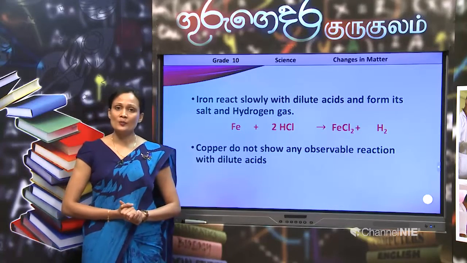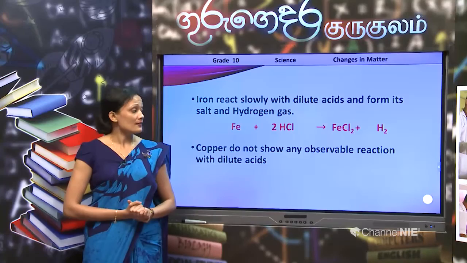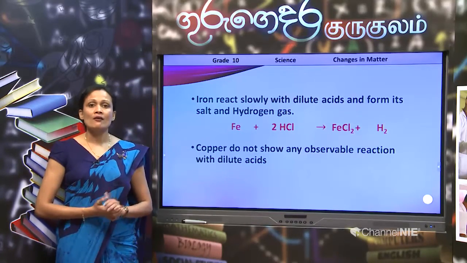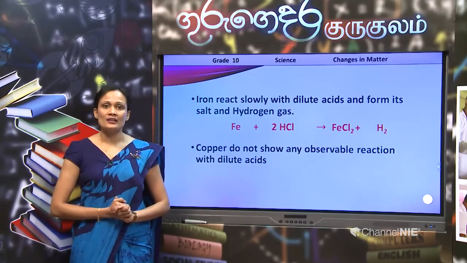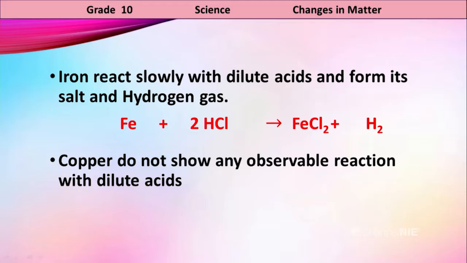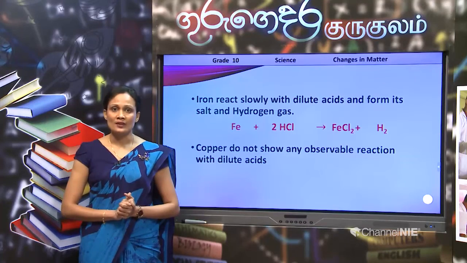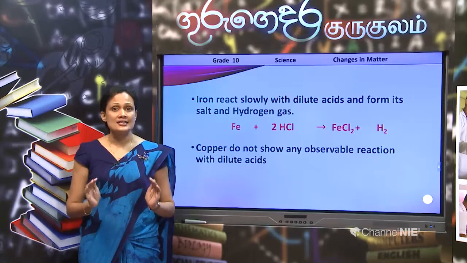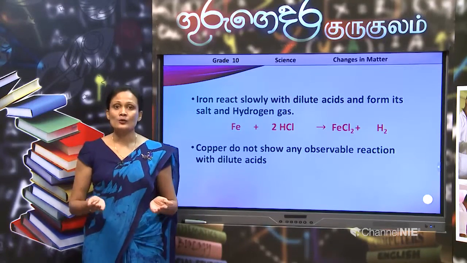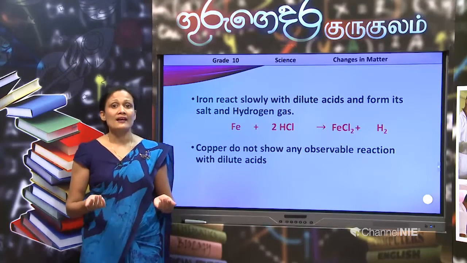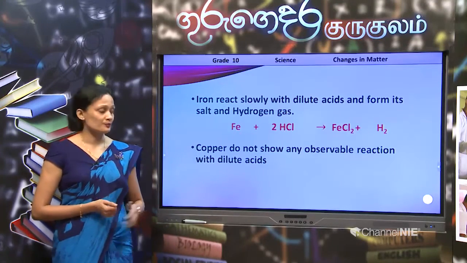If we consider copper, it does not show any observable change with dilute acid. Okay children, now I think you got the idea about how metals react with dilute acid. They do not react in the same manner with dilute acid because their reactivity is different.